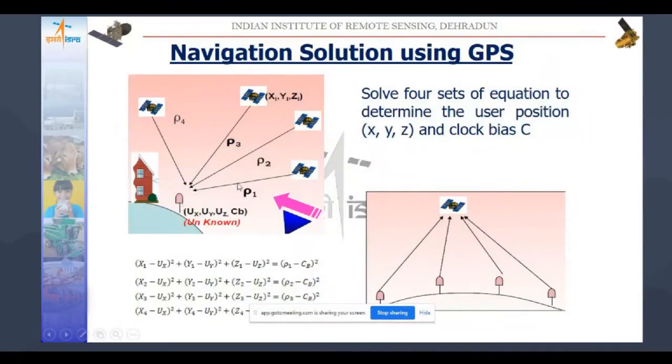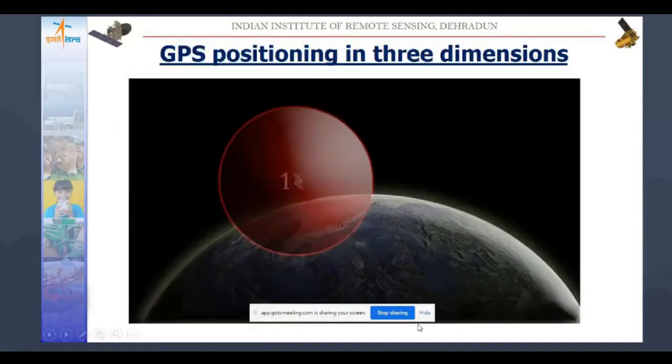With that distance, keeping this satellite at the center, I am creating one sphere with the radius of rho 1. The receiver may be somewhere on the surface of this sphere.